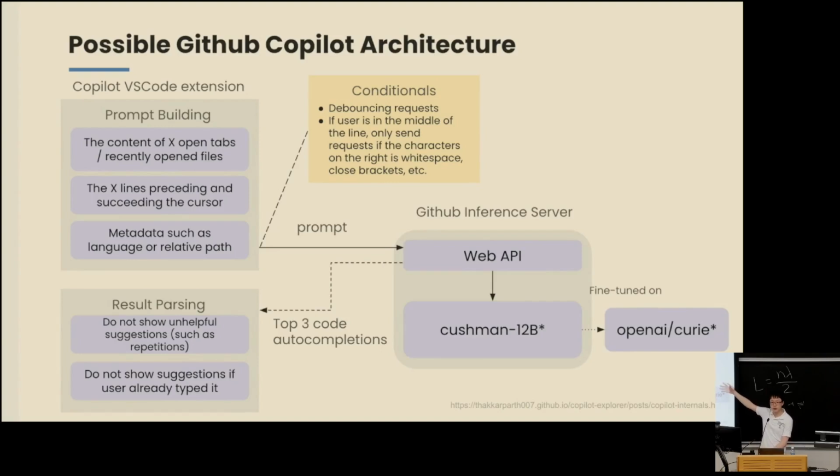After that, obviously it does the inference. It has the prompt, runs def generate, and then returns the top 3 code autocompletions back to VS Code for result parsing. Again, there are safeguards here to not show unhelpful suggestions. There are hard-coded rules to ensure that they don't display repetitive results to the user, something like user equals user equals user equals user.